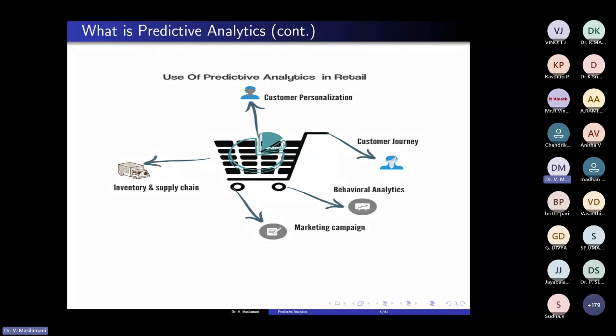But if you look at a particular person, they will have a particular interest in shopping. If you can understand this particular person's interest, then we can give targeted advertisements through mobile phone or whatever. And for all this, predicting the behavior, the pattern, and the requirement is required, and that is basically called predictive analytics.